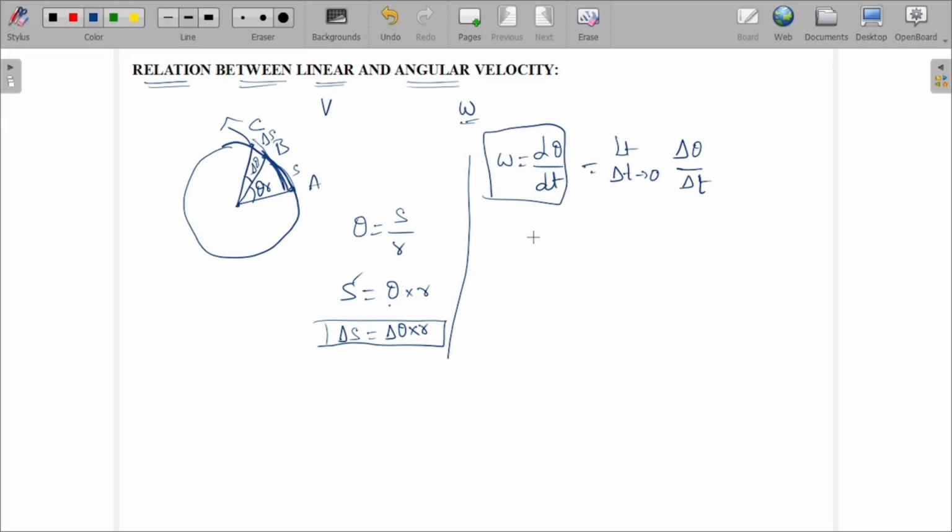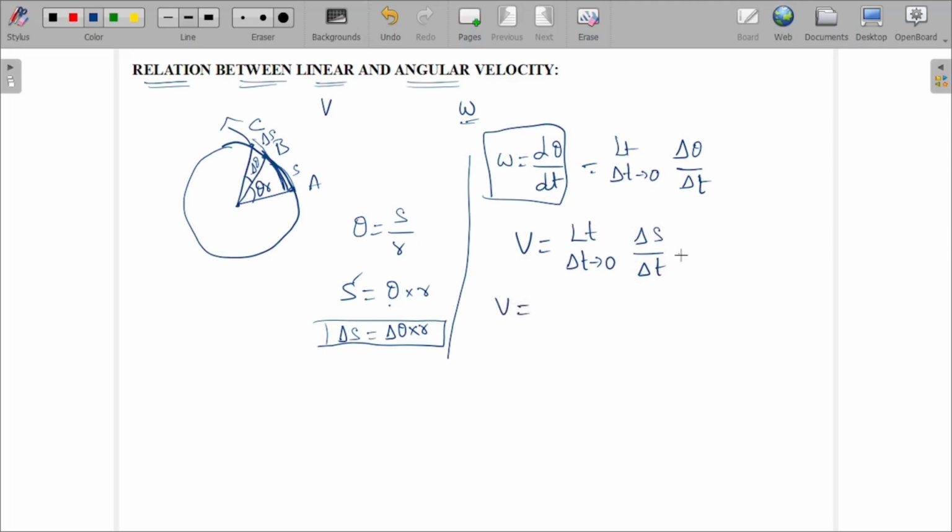Fine. So now at a particular instant, what will be the velocity? v equal to instantaneous speed or instantaneous velocity, limit delta t tends to 0 delta s by delta t. So from this, linear velocity v equal to, how will this total be written?